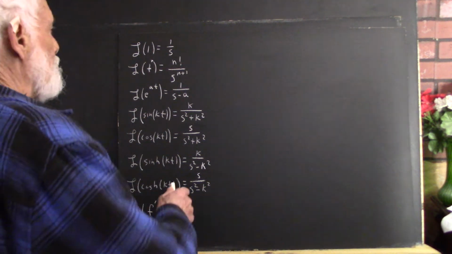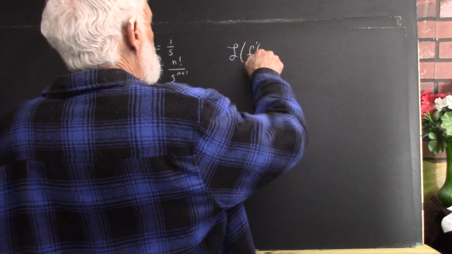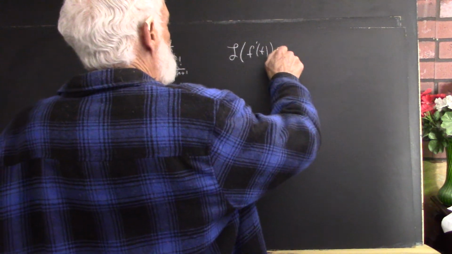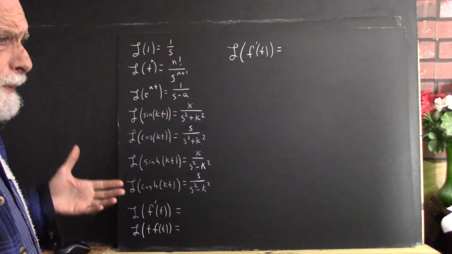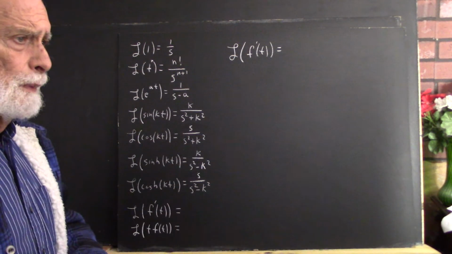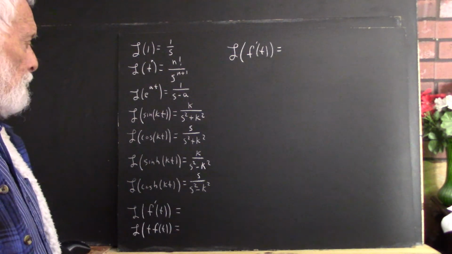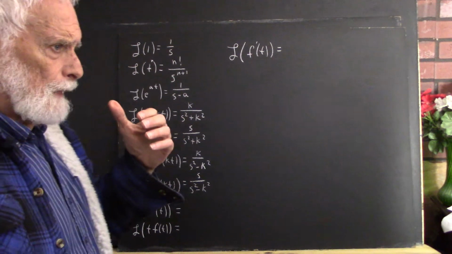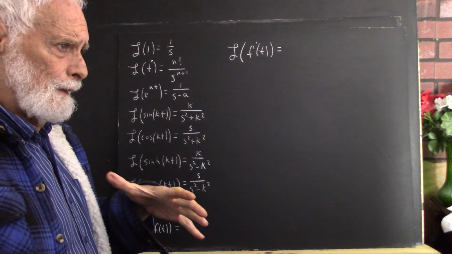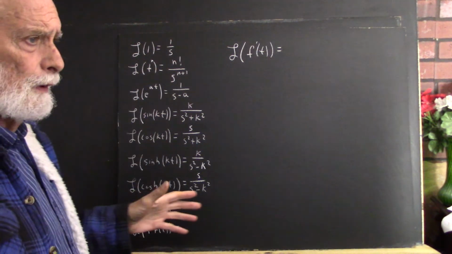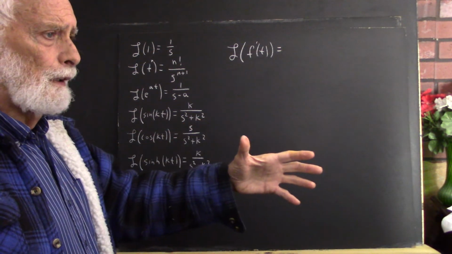Okay, the Laplace transform of f prime of t. And incidentally, the big deal with Laplace transforms is you can use them to solve differential equations that you can't solve using other methods. There are a lot of equations, even constant coefficient equations, and they're particularly nice with constant coefficient equations, that you can't solve.